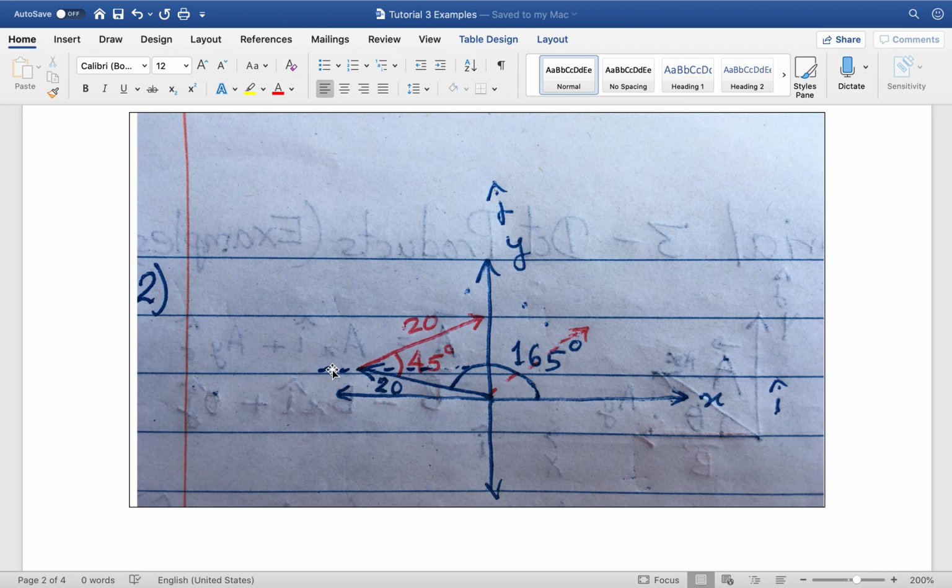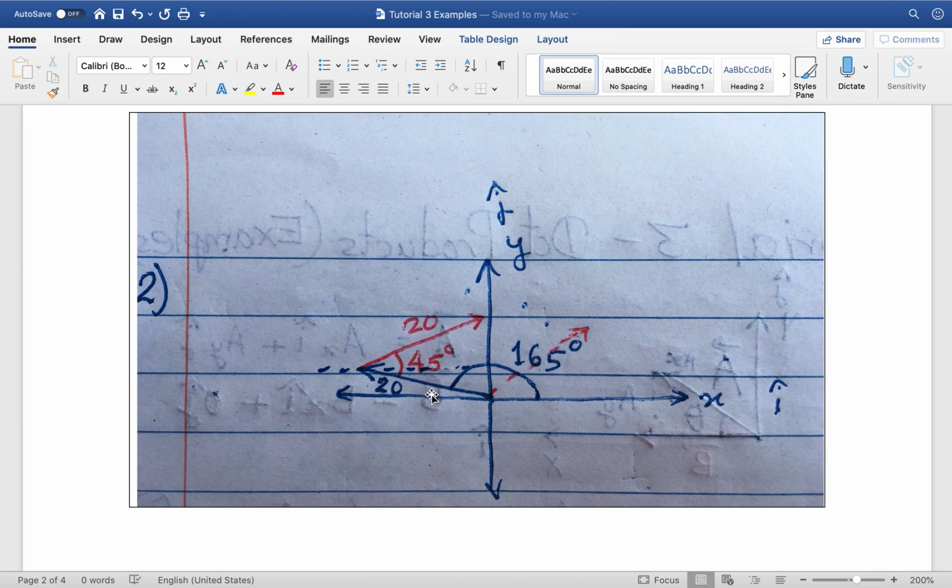I also have a dashed line here. This line is drawn so that it is parallel to the x-axis. That way I can find this amount of angle here. Before we go into detail: this is 165, so 180 minus 165, this angle must be 15 degrees.